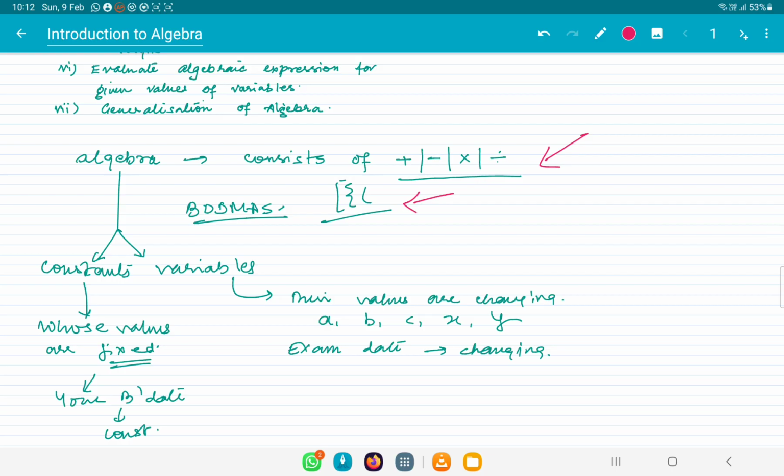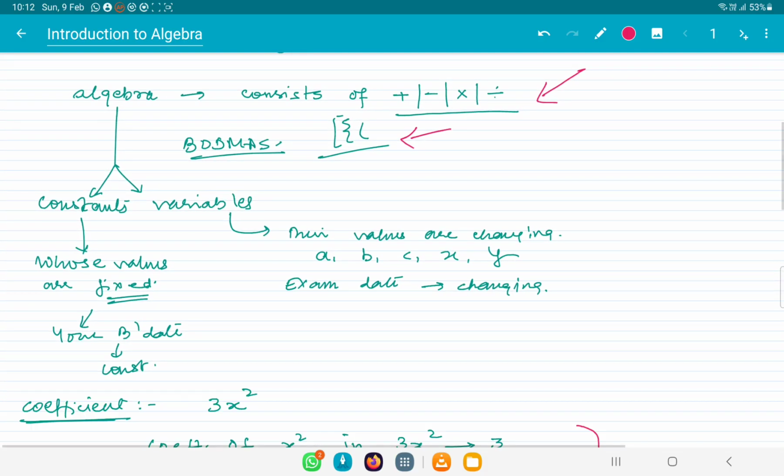Whenever we use these operations or brackets, we should use the BODMAS rule. BODMAS means brackets, division, multiplication, addition and subtraction. Algebra consists of different types of operations as well as brackets, and it also consists of constants and variables.